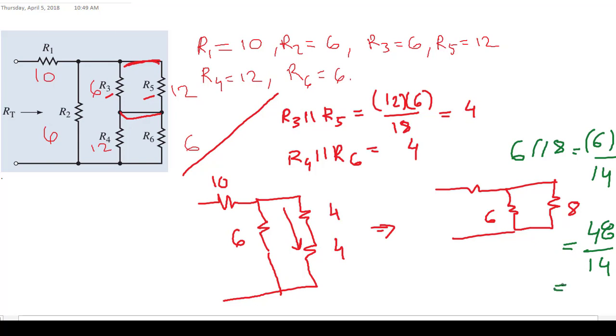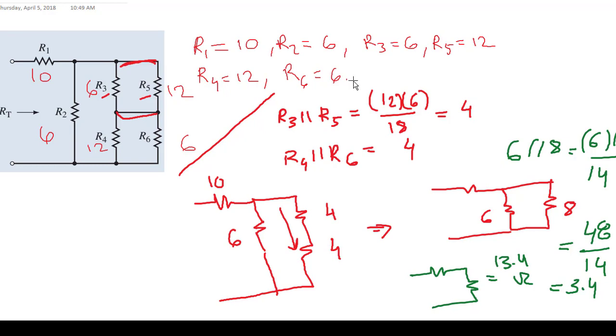Now how much is that? That is approximately 3.4. So the total is 10 plus 3.4, and that is 13.4 ohms.